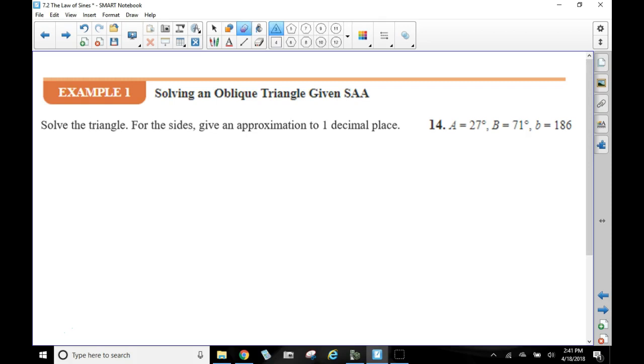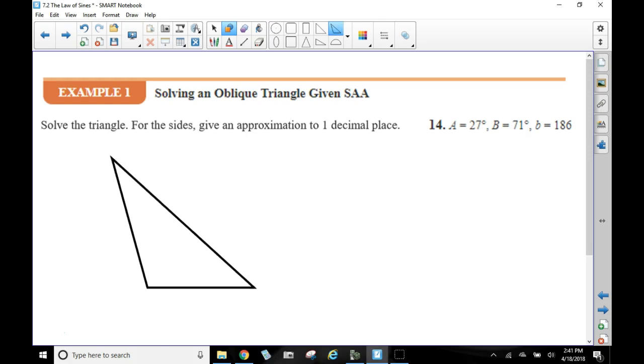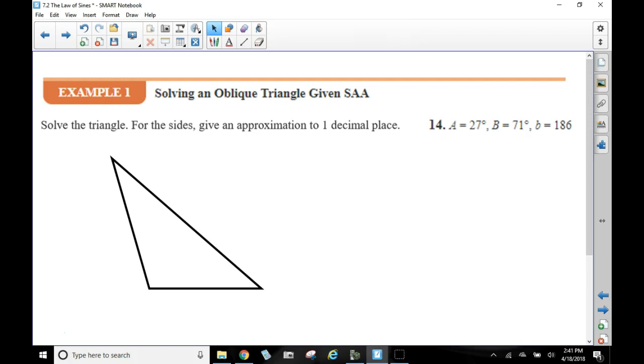Let me see if there's a better shape. I don't really like for that to look necessarily obtuse, because it might not be an obtuse triangle.